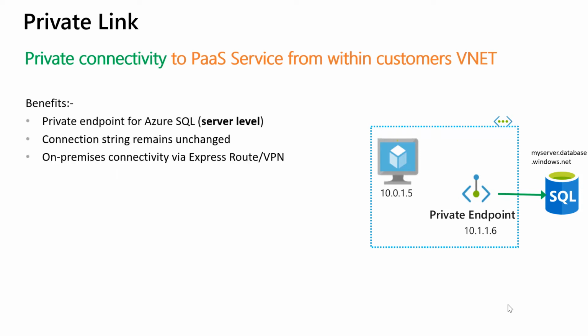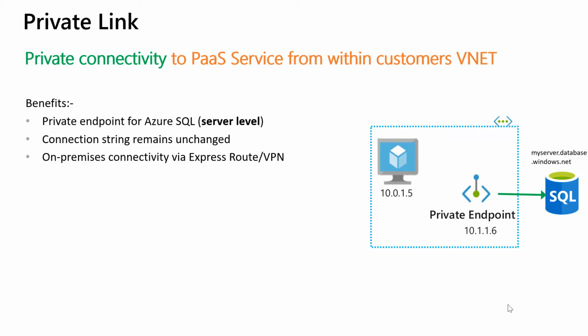So how does this help you? You get one private endpoint, which is a well-known static private IP address for this logical server. You can then move your applications without changing the connection string, because we take care of making sure that in context of the VNet, when you resolve your server, it resolves to this private IP.